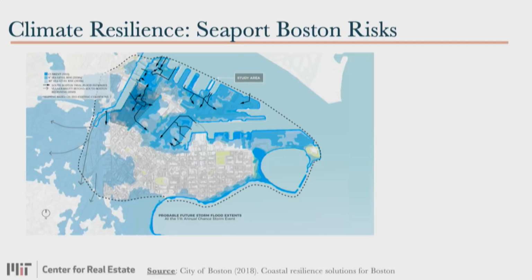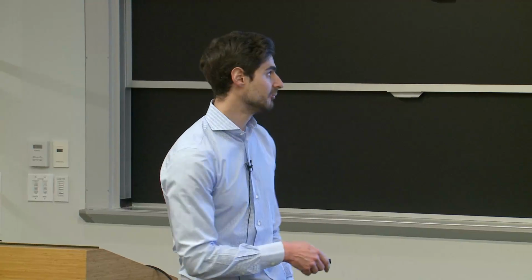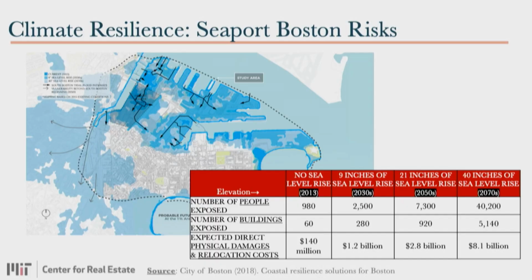There is a report by the city of Boston about how to think about resiliency investments at the district level in Boston Seaport. If you see the numbers, you see the different predictions of sea level rise by decade. At the moment there is no sea level rise, this is the baseline.